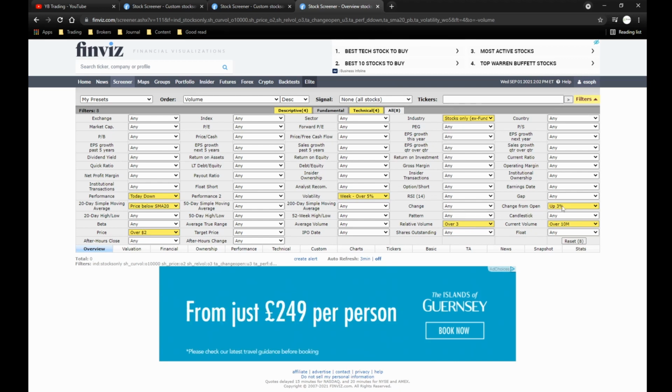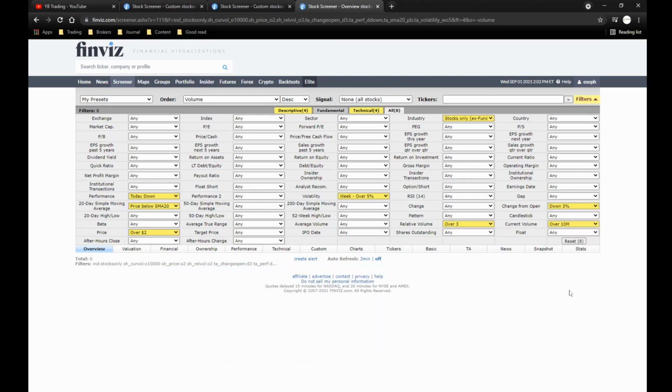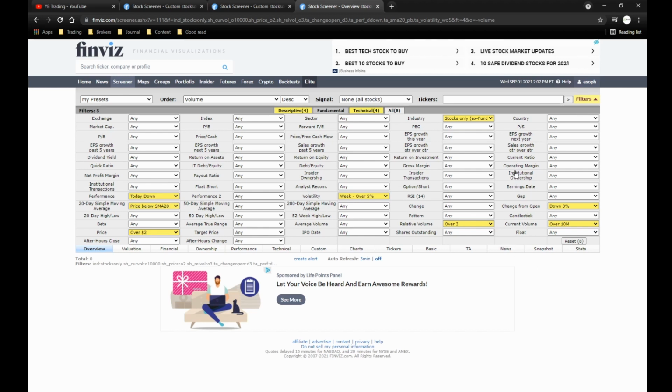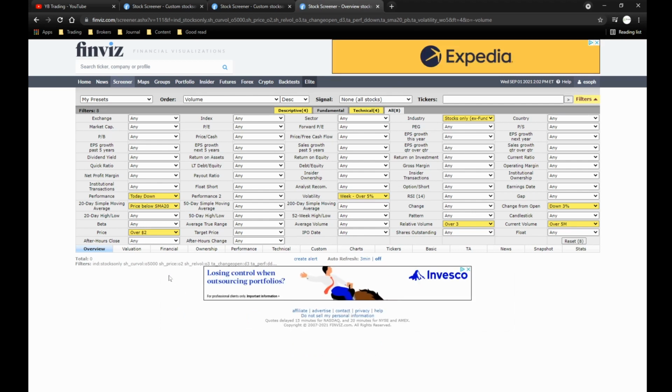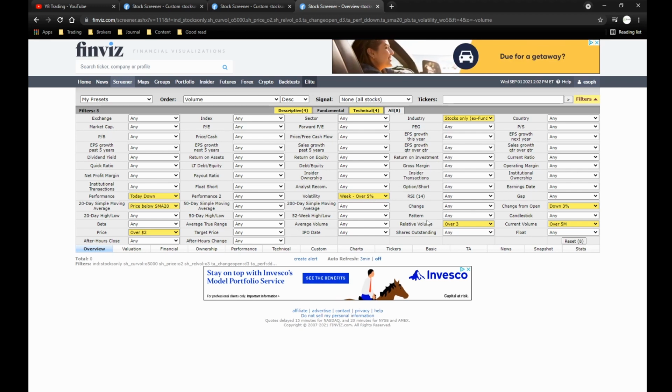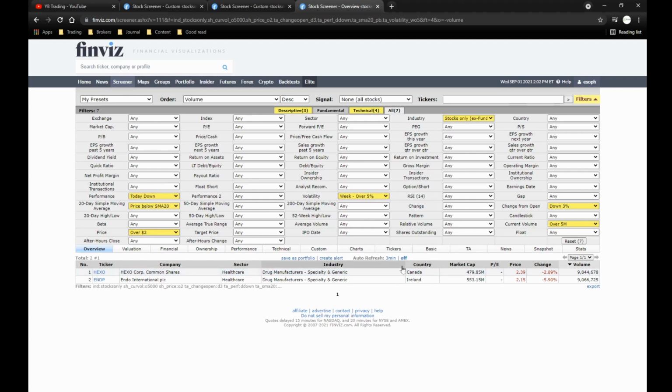Now change from the open. Let's change it to down 3% instead of up 3%, right? And we have got 10 million volume over 5 million. We haven't found anything. Today down over 3, week over volatility. And then let's change this to relative volume to, let's say, any, right?